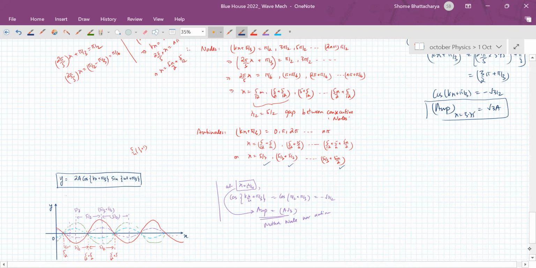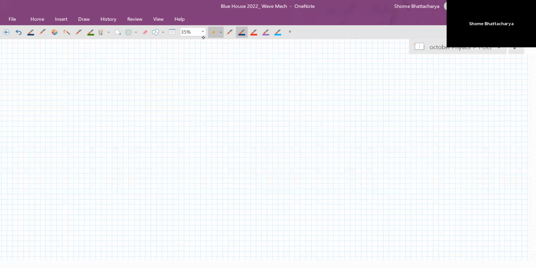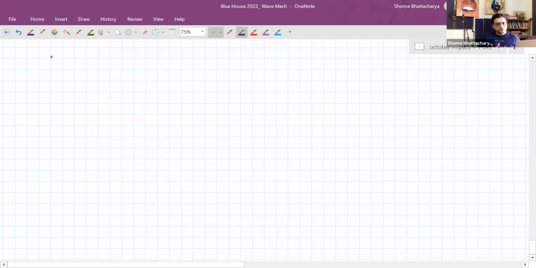Okay, now we come to the final part of standing waves, and that is to understand standing waves created from a different situation.